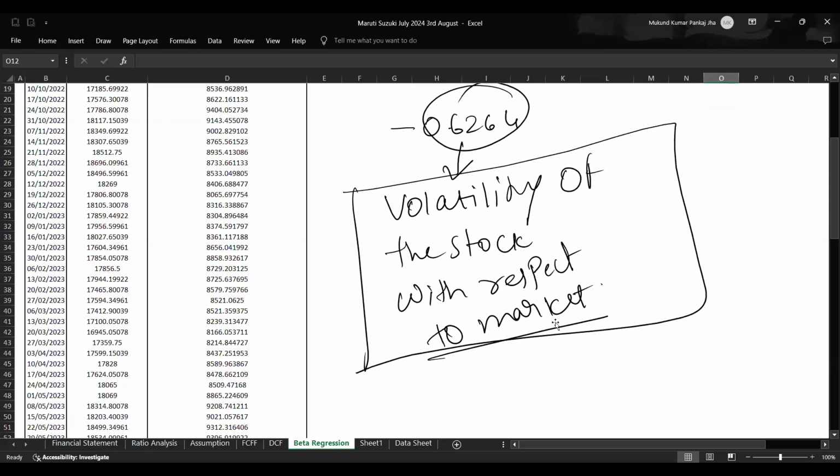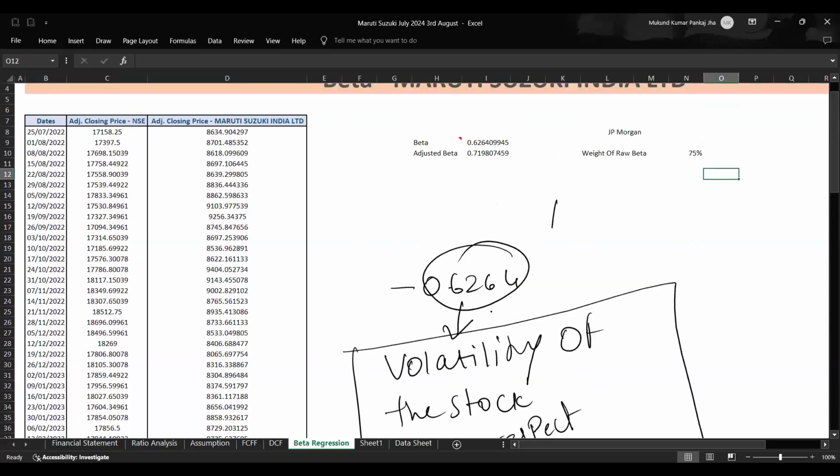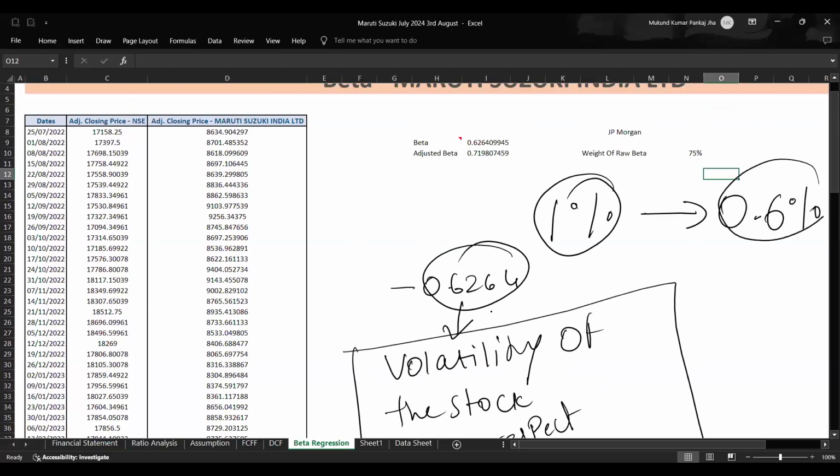What would that mean? If the market moves by 1%, the stock will move by 0.6%.